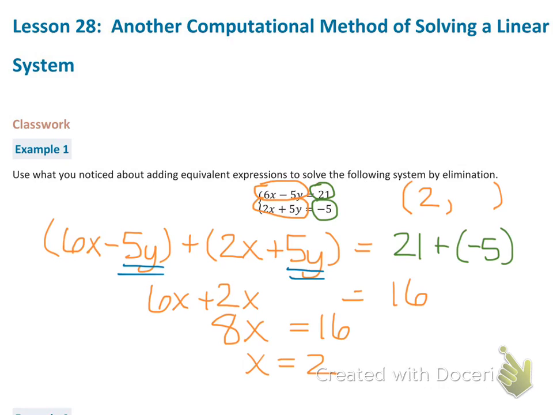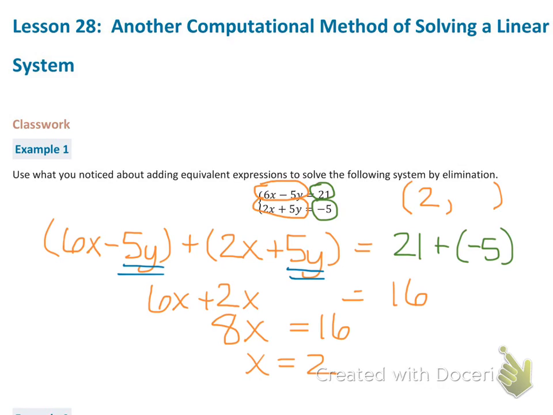And so now all I'm left to do is to find the y coordinate. And I can do that by substituting. So let's get another color so we can segregate it here. I'll use the first equation.